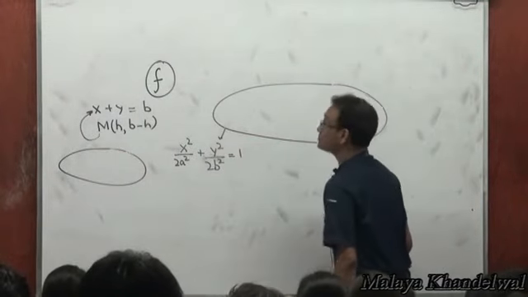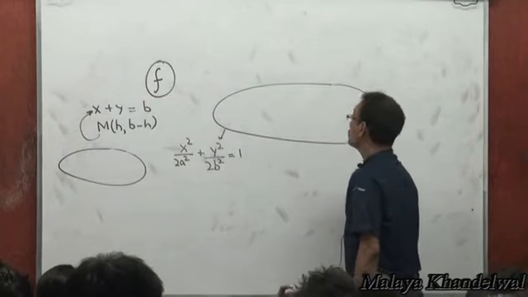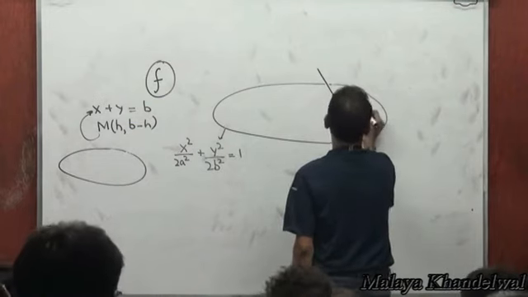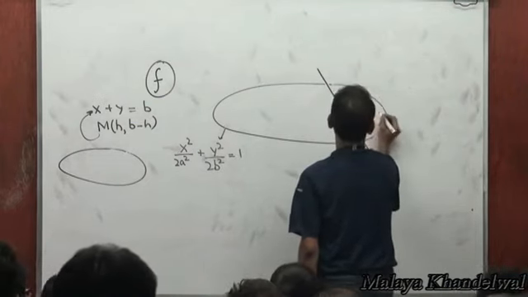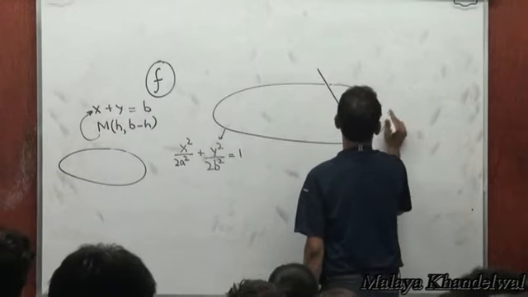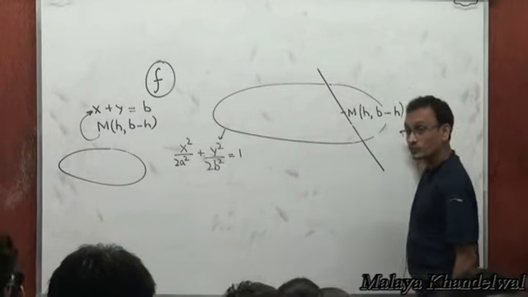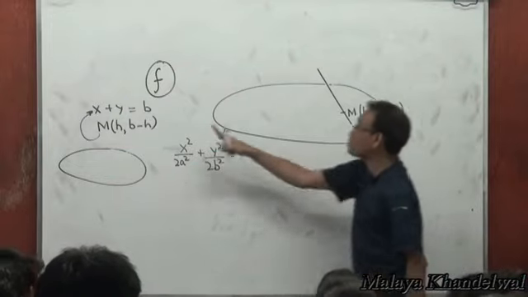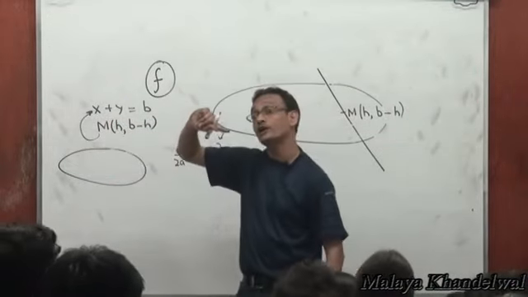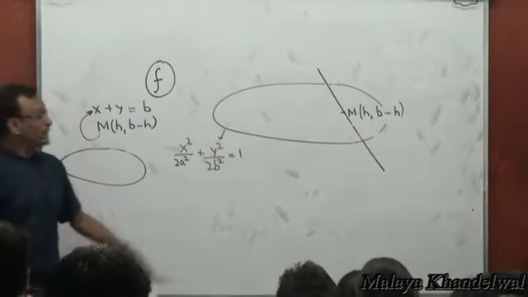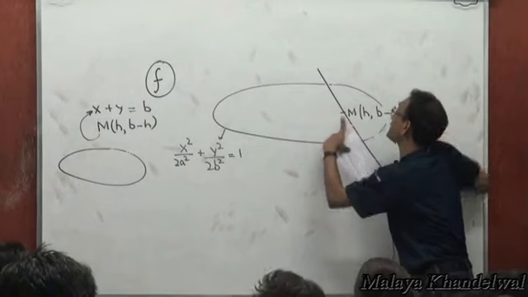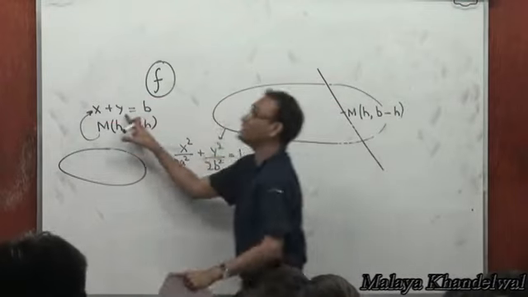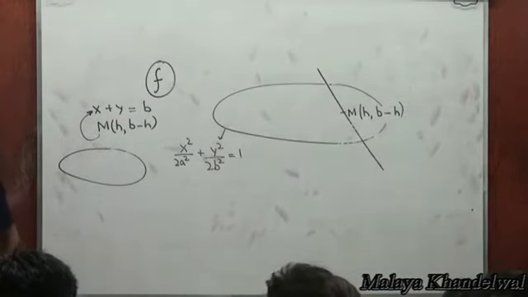Now I want to draw a chord whose midpoint is h comma b minus h, a chord whose midpoint lies on this line. That means two values of h must exist such that this is the midpoint. Two values of h will produce two points M, each lying on this line and still being the midpoint, right?